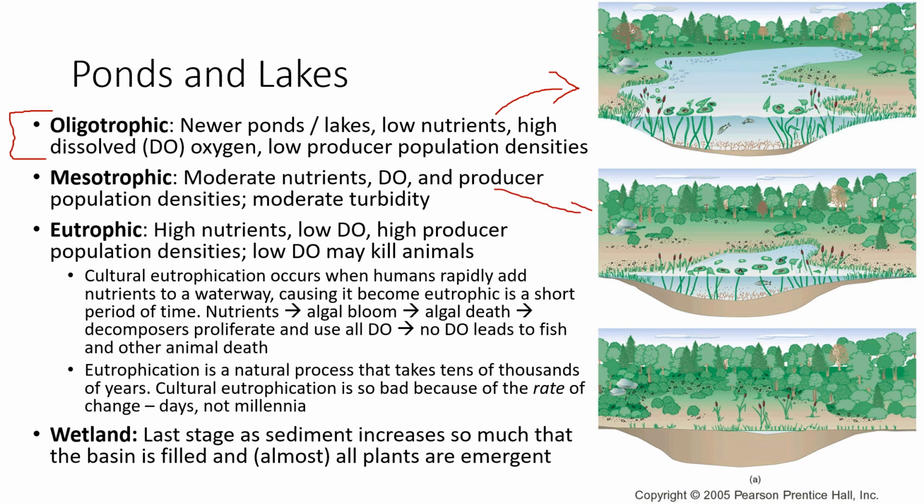Mesotrophic ponds and lakes are kind of in the middle ground. So let's imagine that this pond has been in existence for a few thousand years. You have a few thousand years worth of sediment being delivered by rivers. You have a few thousand years worth of organic sediment in the form of dead leaves from the surrounding forests that have been blown into the pond during the autumn, and then they've settled down to the bottom.